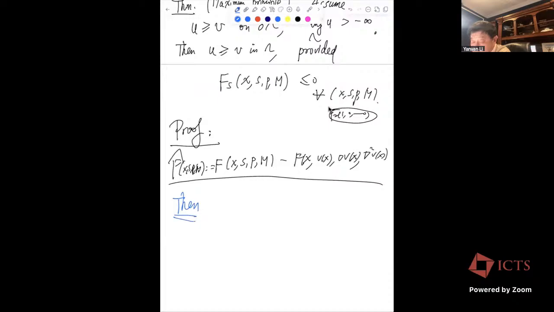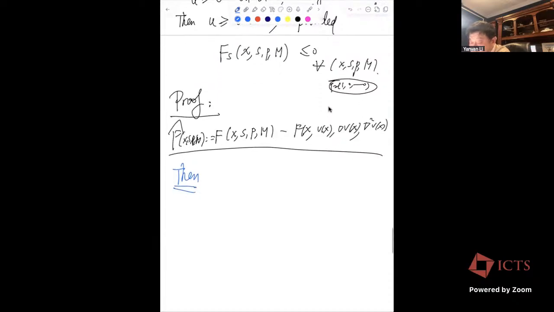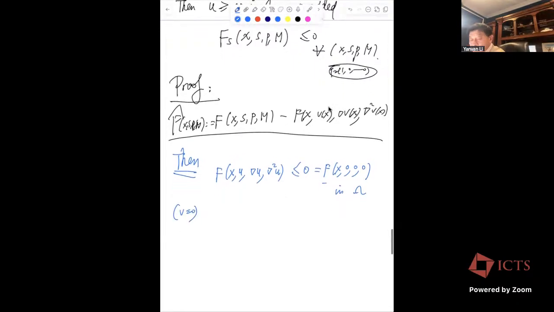So then we may assume that your u, for your new one, is less or equal to 0 equal to f of x, 0, 0, and 0 in the viscosity sense. Namely, your v is identically equal to 0 in some sense.